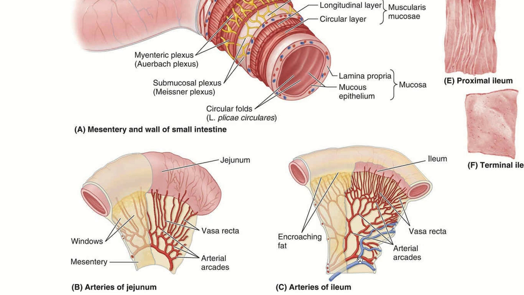In the ileum, you have abundant arterial arcades with short vasa recta. That's another difference. Another difference is the fat content within the mesentery.